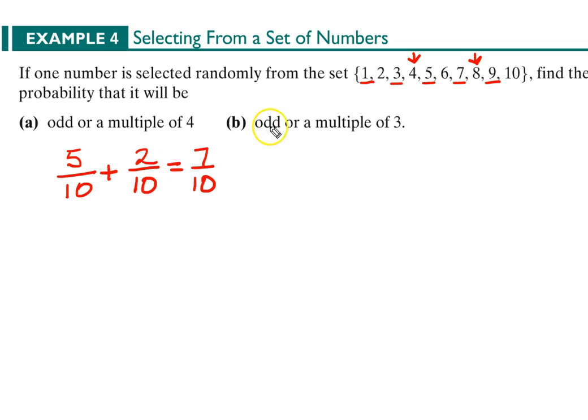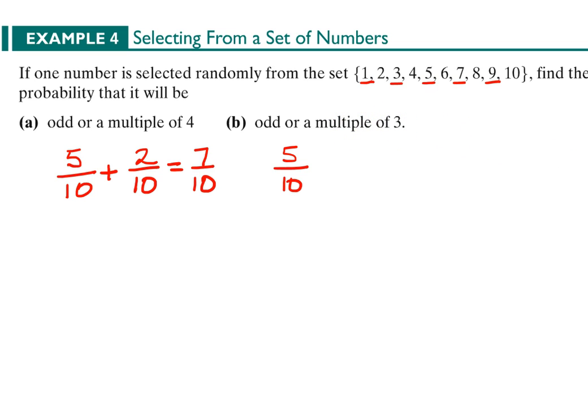Now, for part B, this gets a little tricky. So I'm going to clear this up here because I don't want those marked right now. I need the odds. So, looking at this, that they're odd, 1, 2, 3, 4, 5, that's the same still. But now, multiples of 3.